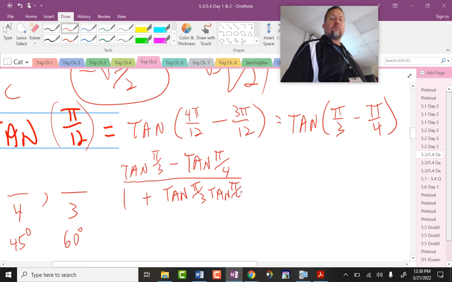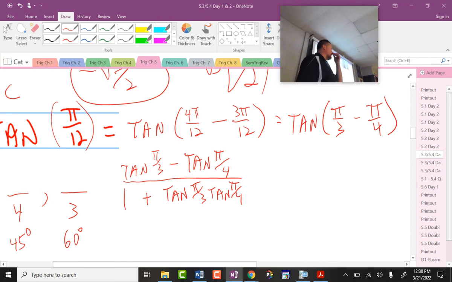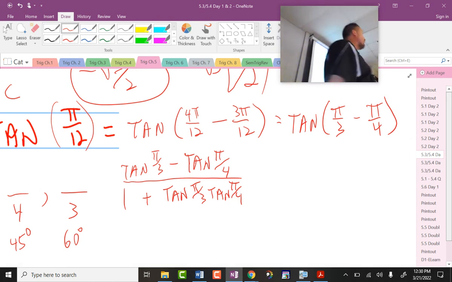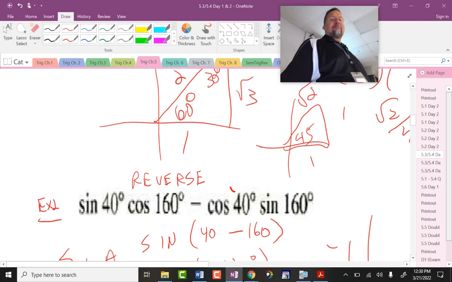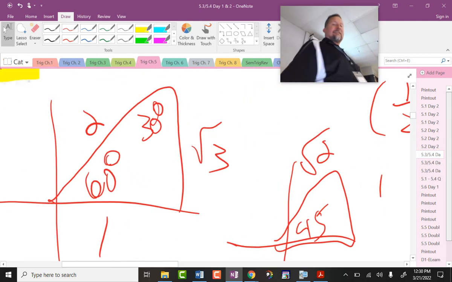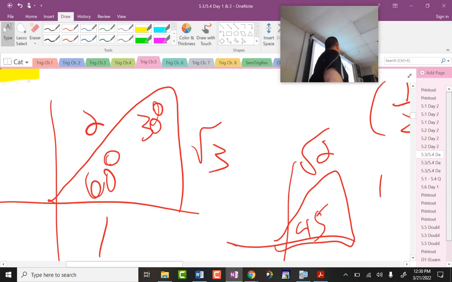And don't go crazy with this. What's pi over 3? What's the reference angle? I actually have it over here. Okay, what's tan of 60? I'm going to cheat. What's tan of 60?